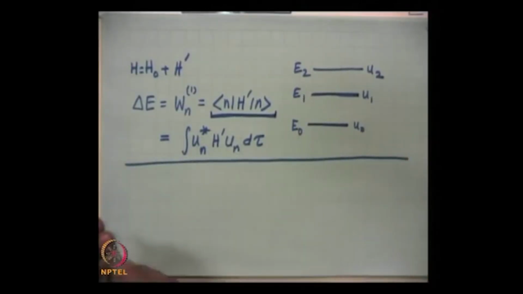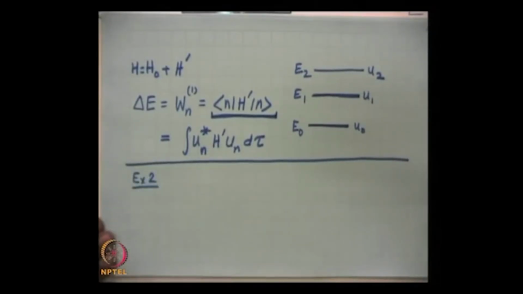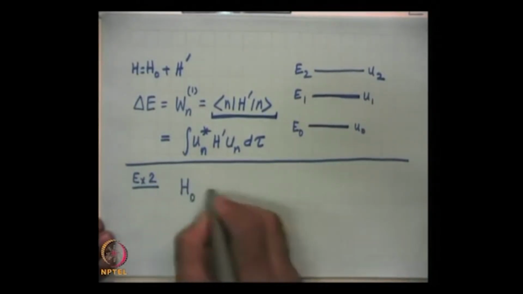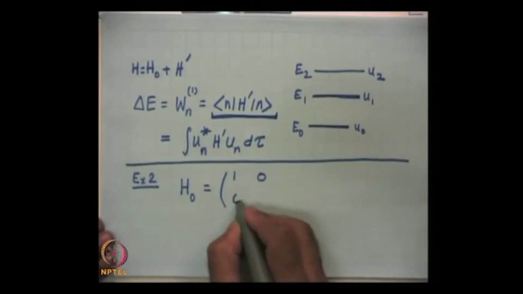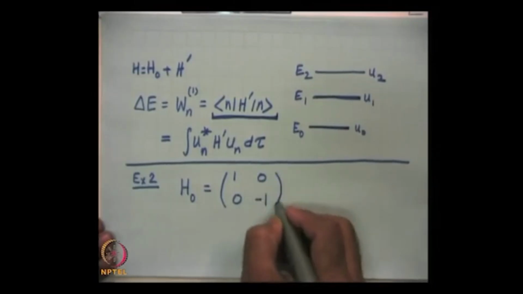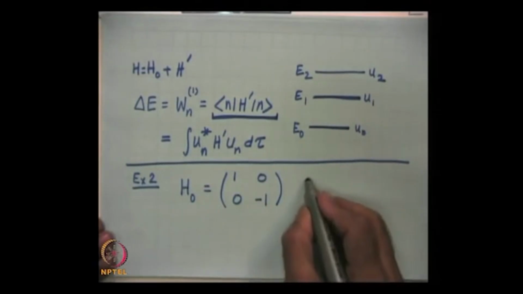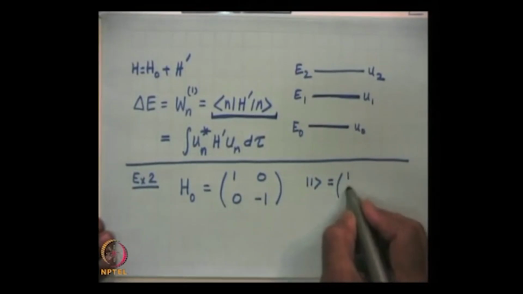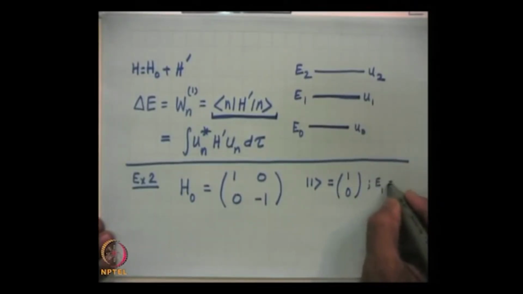Let me consider a simpler example, example 2, an example from matrix algebra. So, we assume h naught is the matrix 1 0, 0 minus 1. So, it has 2 eigenstates, ket 1, which we denote by the column 1 0, and the eigenvalue E 1 is equal to 1.